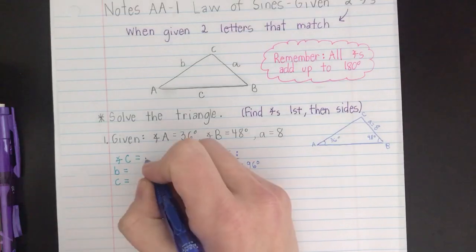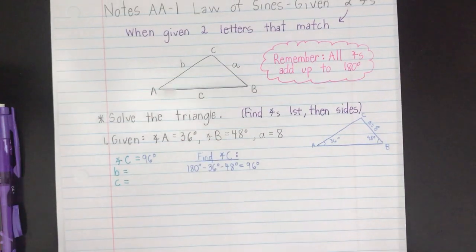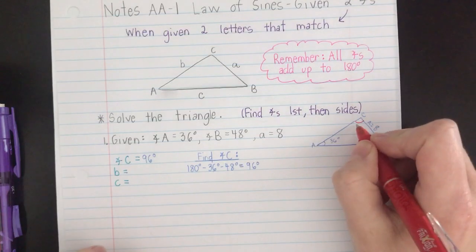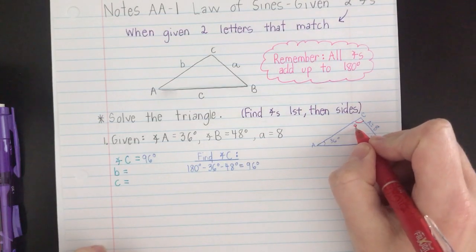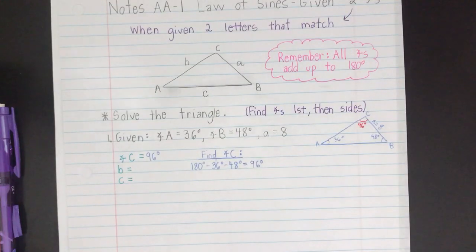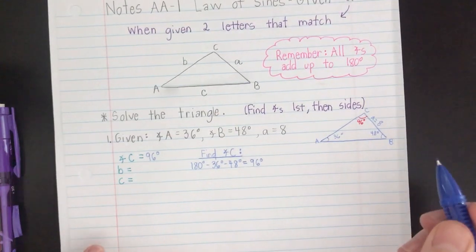Okay, so angle C equals 96 degrees. So now we know angle C, this was not given, angle C is 96 degrees.